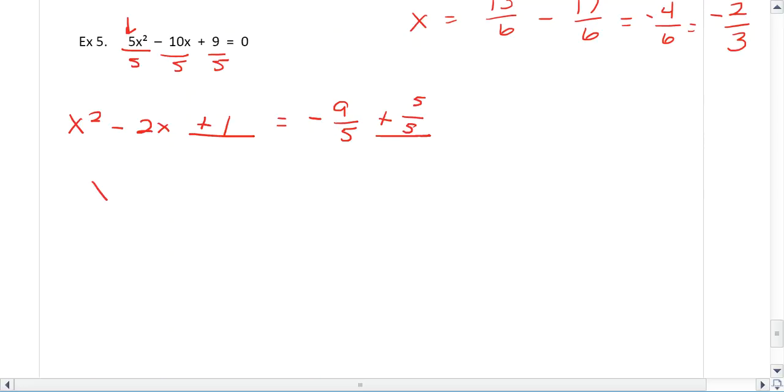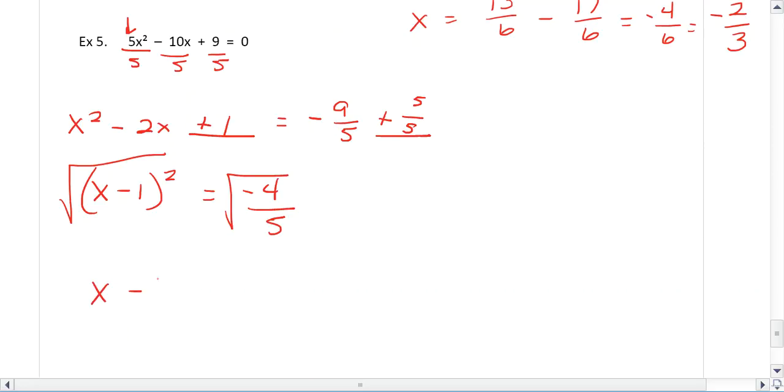Factoring the trinomial square, x minus 1 quantity squared equals negative 9 plus 5 is negative 4/5. So we are ready to take the square root of both sides, and we notice that we have a negative sign. So we have x minus 1 equals plus minus, and I'm going to split them up here because that helps me see it, of negative 4 over square root 5.